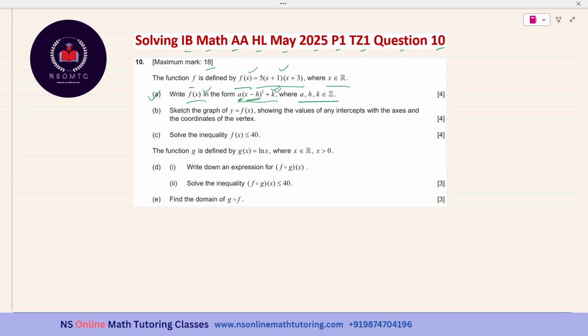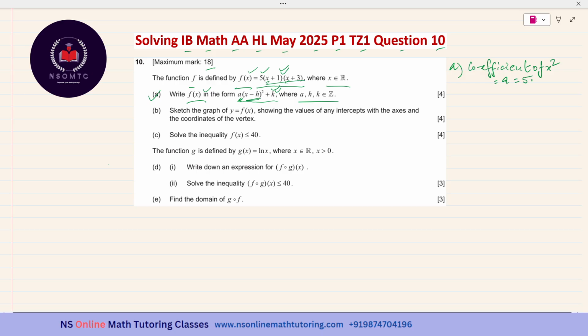And from here also, if you multiply these two, you will have x times x, giving x squared, only a single term with x squared, and the coefficient of x squared will be 5. So therefore, a will be equal to 5.